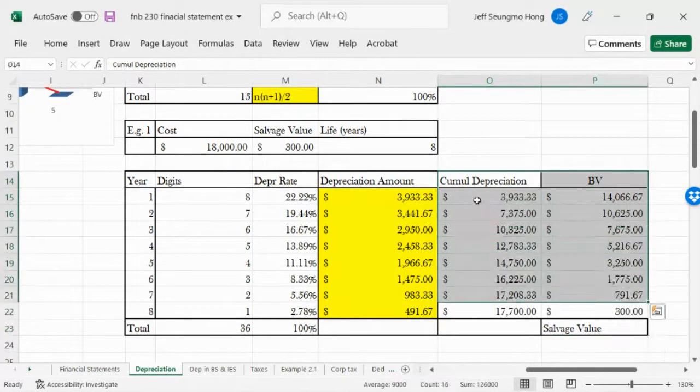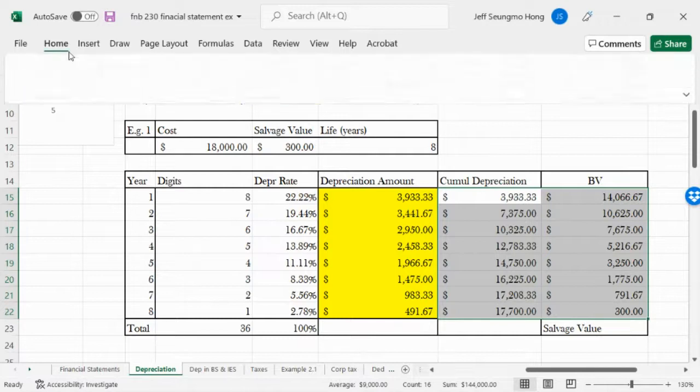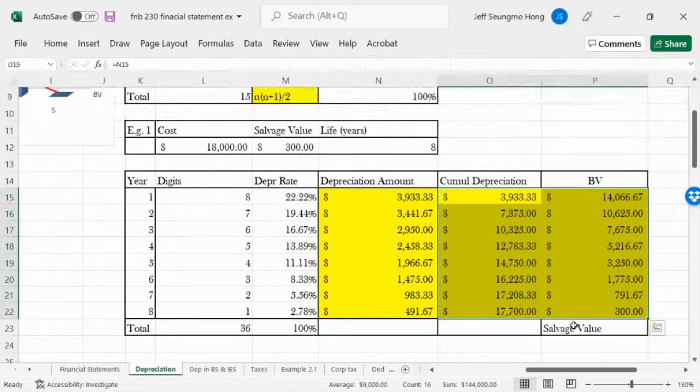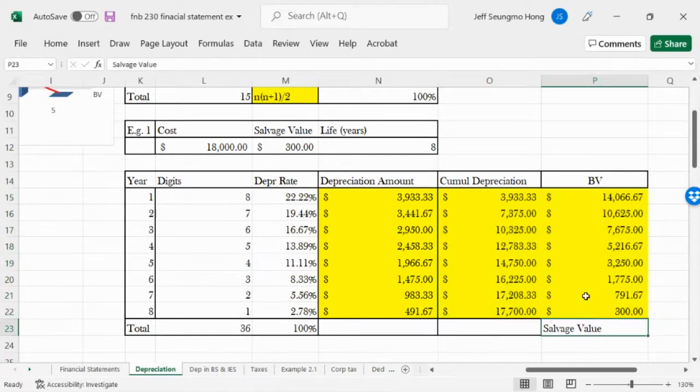You must end with the salvage value as the last year's book value all the time. Okay, if not, that's a sloppy job. It's not a good depreciation schedule. Okay, salvage value.